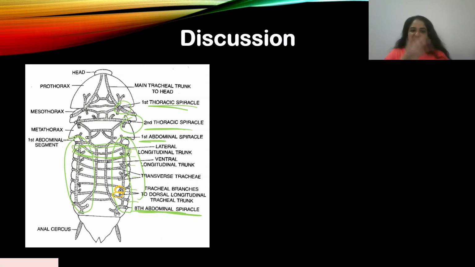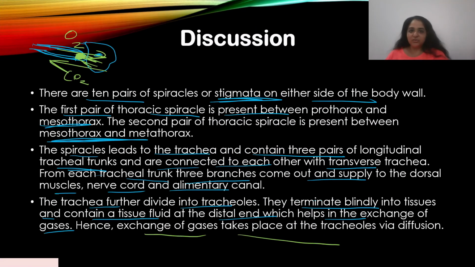So this is how the tracheal network is. Obviously, the tracheal trunks then further divide into tracheoles, and then they have the tissue fluid, which then supplies the tissues. That is not really shown in the diagram, but you can imagine it.